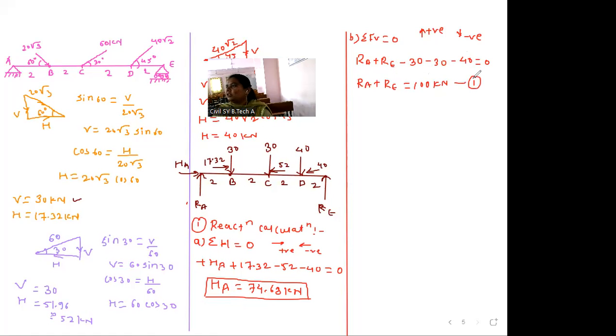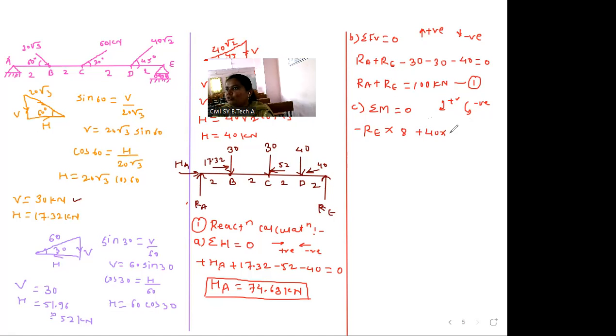This is equation 1. After that, C part, summation of moment is equal to 0. We will take moment at A point. So minus RE. Clockwise moment positive, anti-clockwise moment negative. So RE creates an anti-clockwise moment with a perpendicular distance of 8 meter. After that, this 40 creates a clockwise moment.